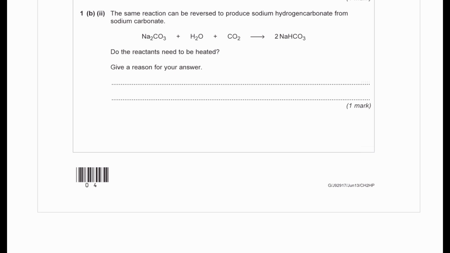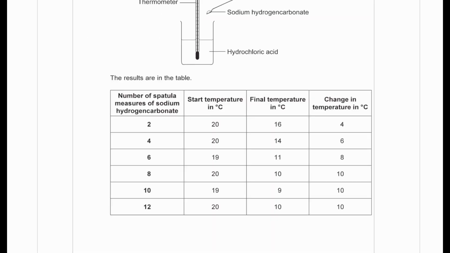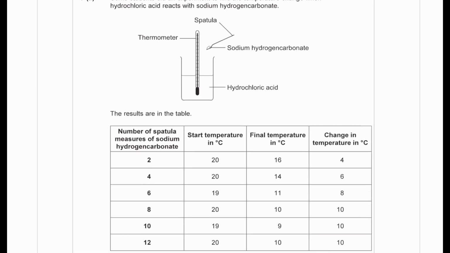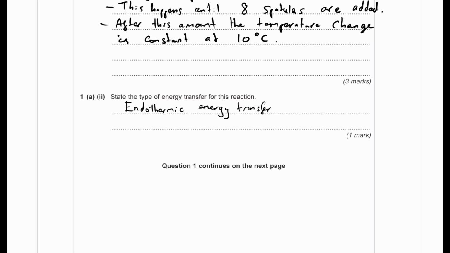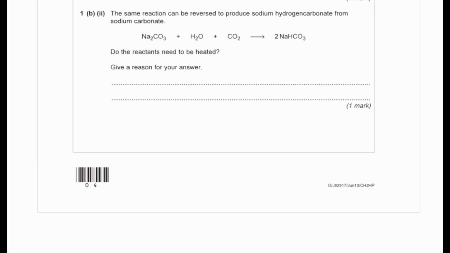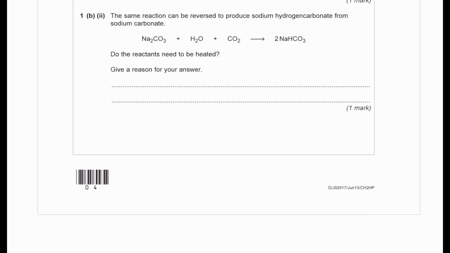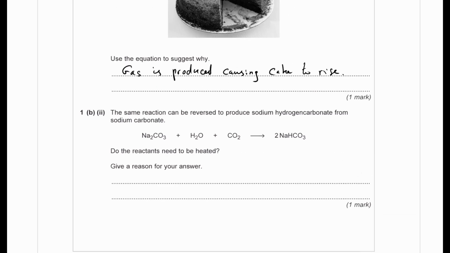But if we go back, then you'll remember that this is an endothermic reaction, right? So when sodium hydrogen carbonate breaks down, we can say it's an endothermic reaction. And that means that forming sodium hydrogen carbonate is going to be an exothermic reaction, all right? That was the wrong thing I showed you there.